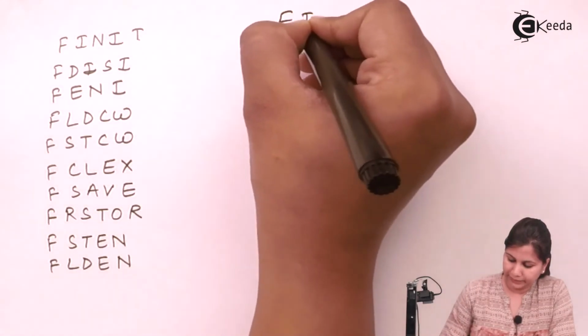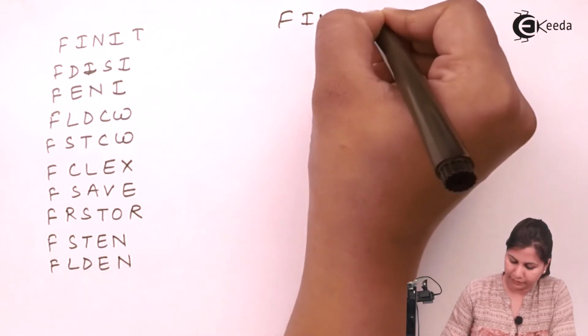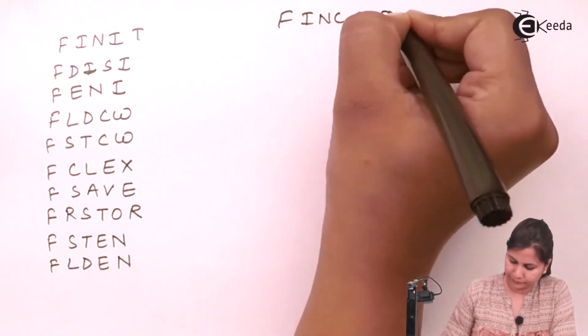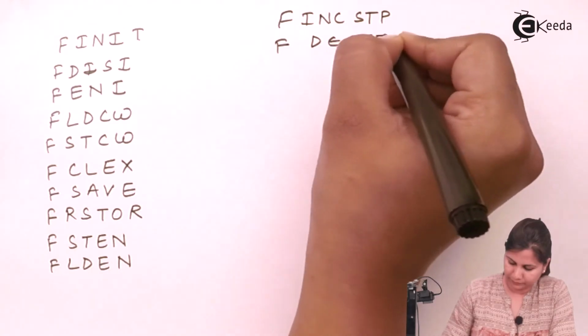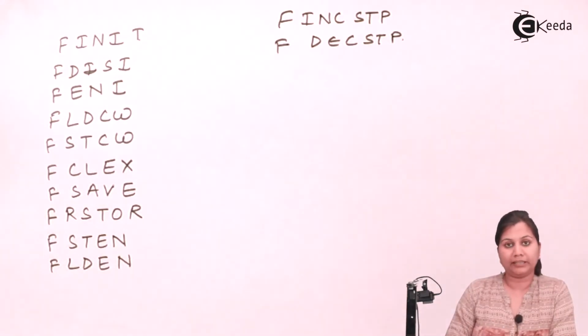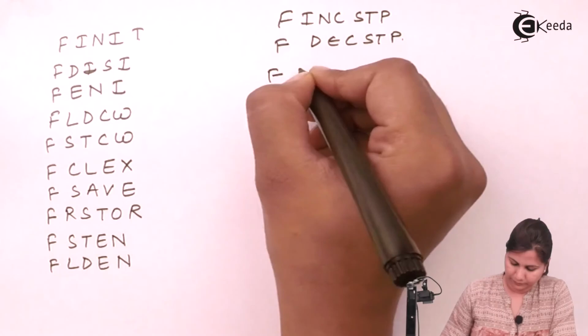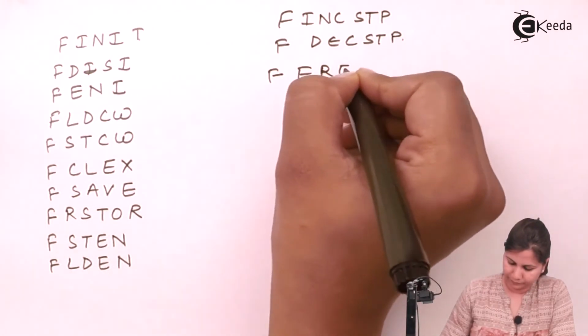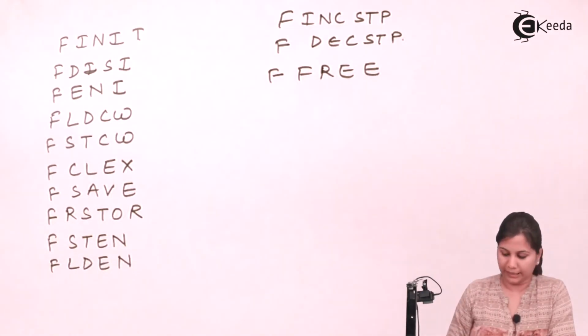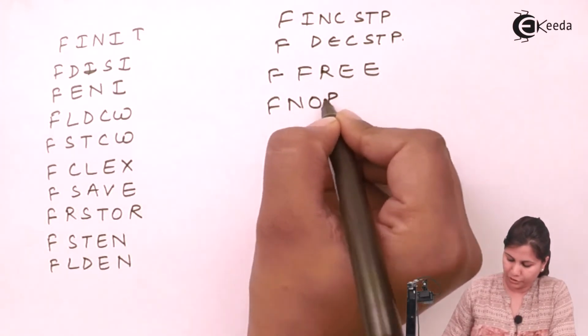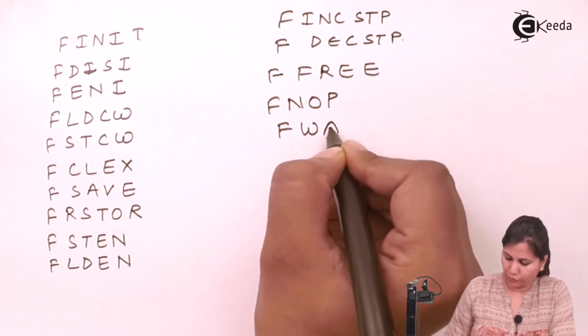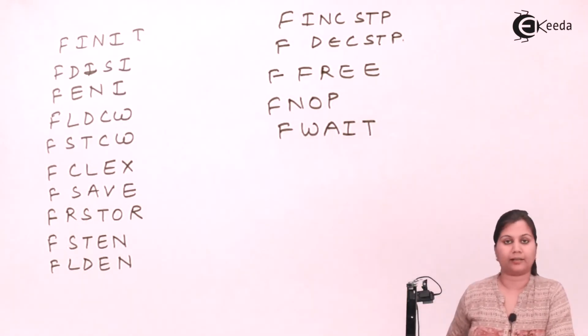After that, incrementing the stack pointer, decrementing the stack pointer, then changing the tag, FFREE, FNOP, no operation, FWAIT for the wait state.